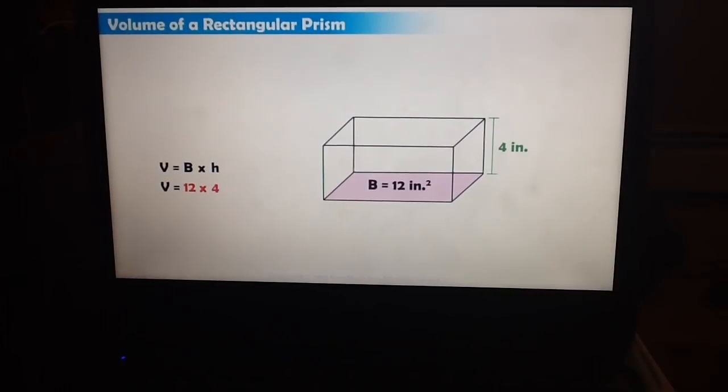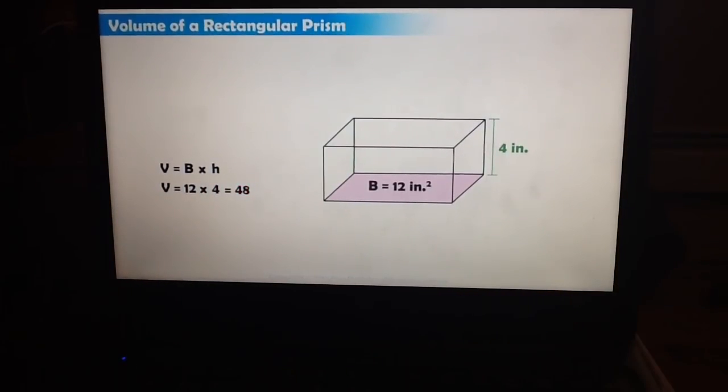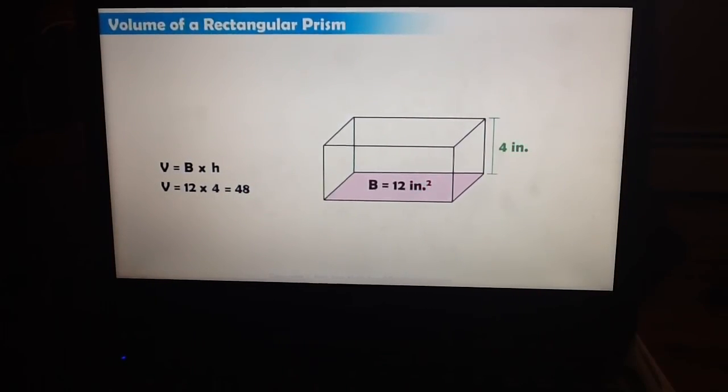The product of 12 and 4 equals 48. So the volume is 48, but we can't forget to write the units. Height and base area use inches. Since volume describes three-dimensional space, the units are inches cubed, or cubic inches. So the volume of this rectangular prism is 48 inches cubed.